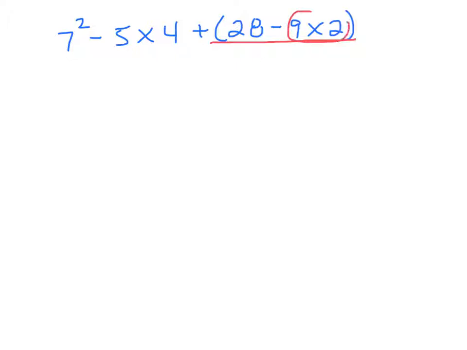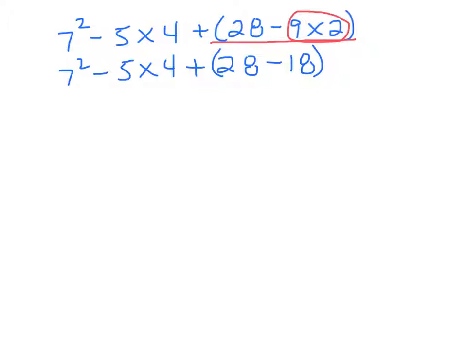I have to do the multiplication part of this first. So I'm just going to rewrite everything that I have here. And I'm going to solve that multiplication part, keeping it inside the set of parentheses. But I have 28 subtract 18. Now, I still need to go through and solve what is inside this set of parentheses.